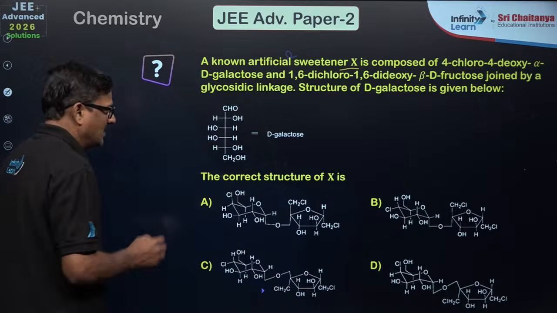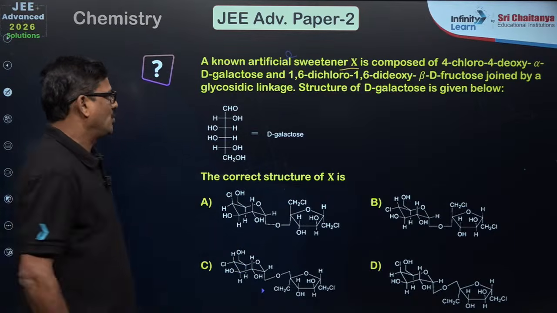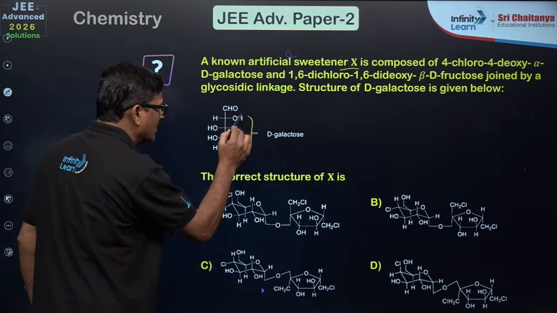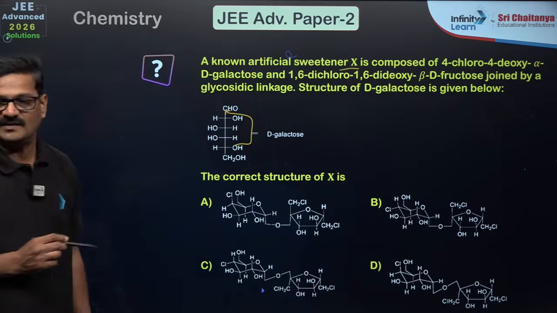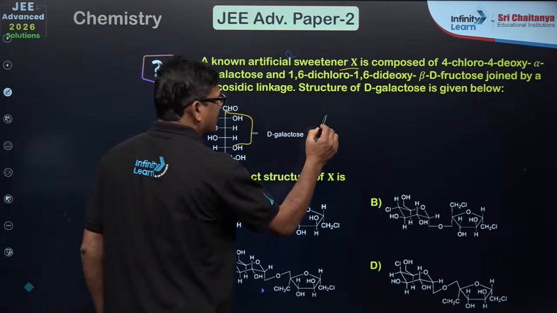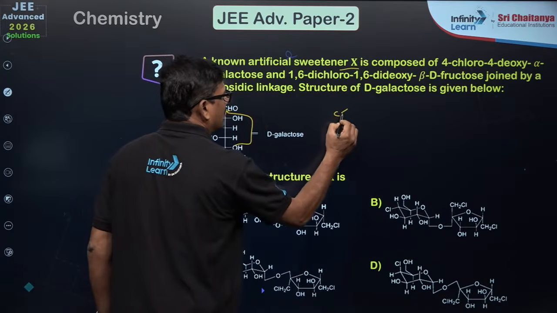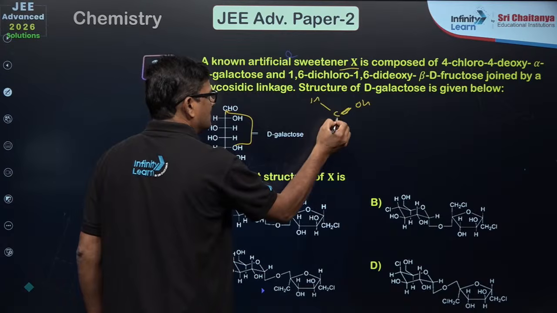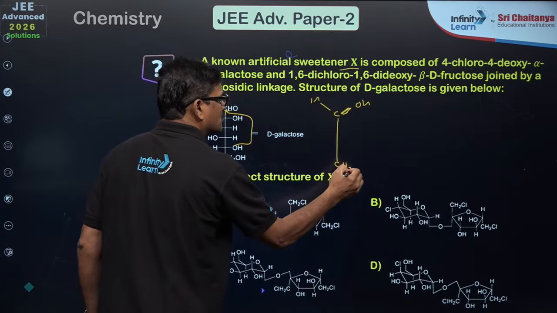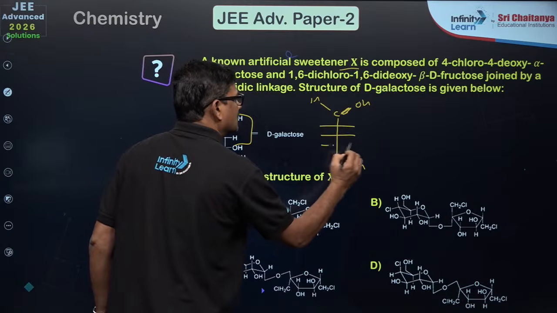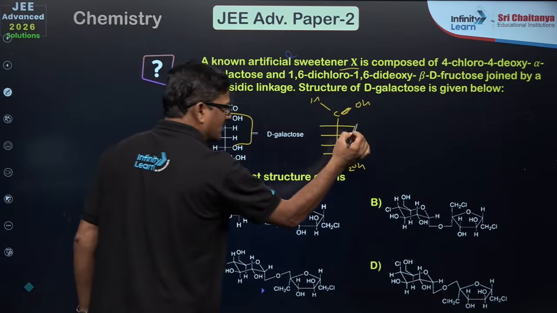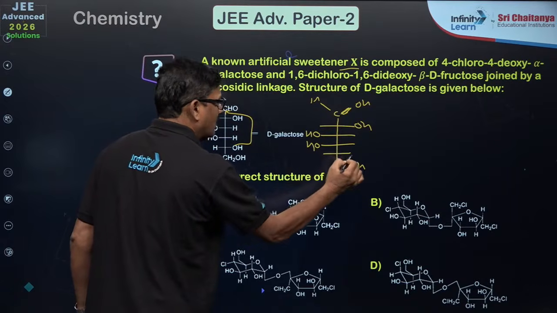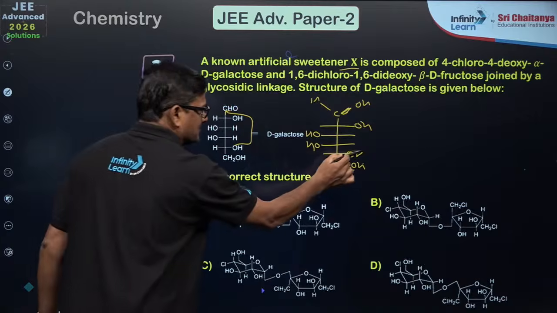So let's see. In this aldohexose, the fifth carbon is going to make an internal hemiacetal linkage, so that you will be having C double bond O, CHO and H and CH2OH, and the first carbon, second carbon OH and third, fourth carbons and fifth carbon OH comes like this.